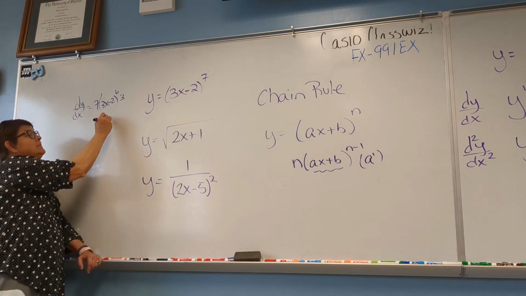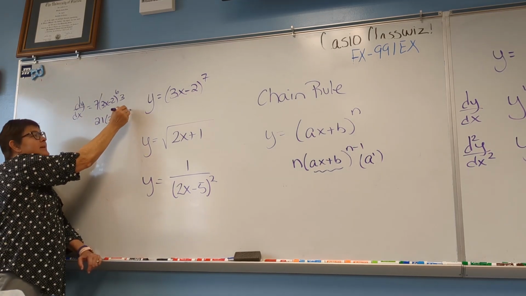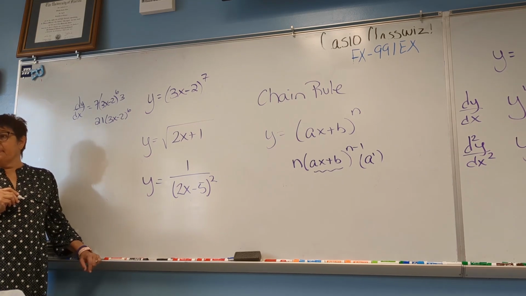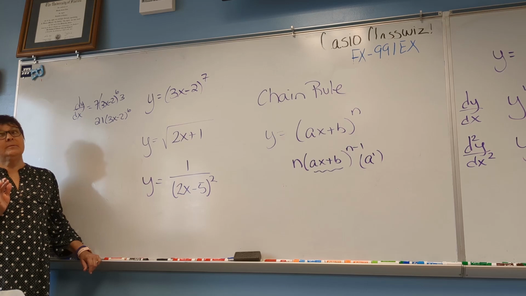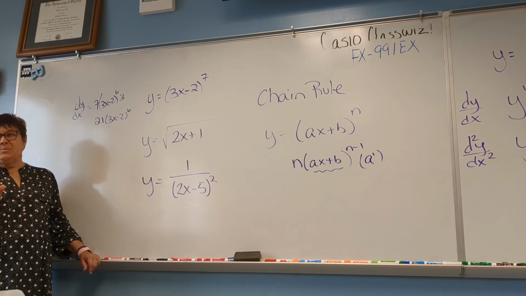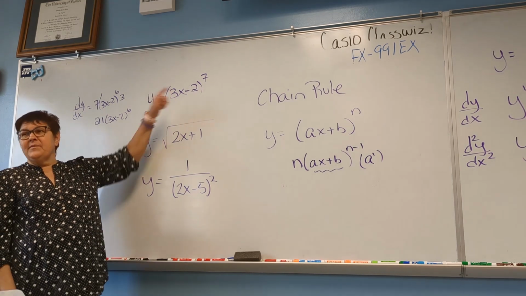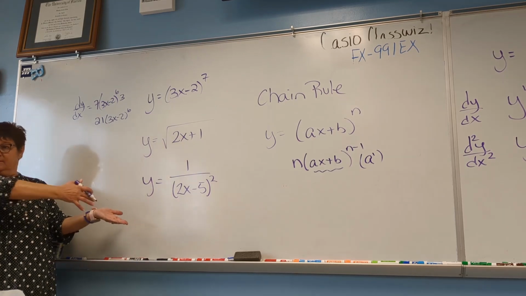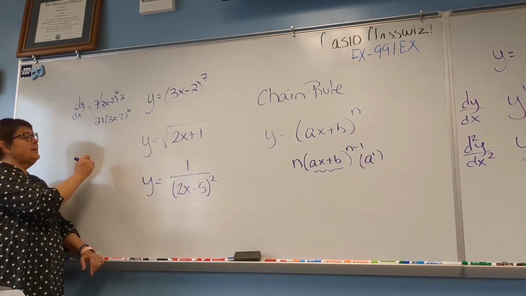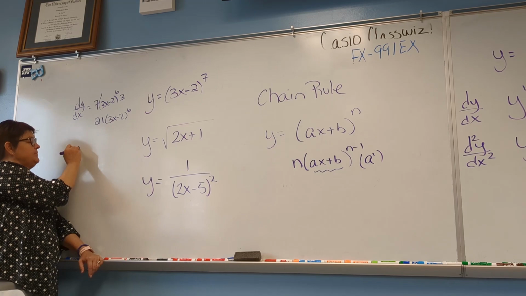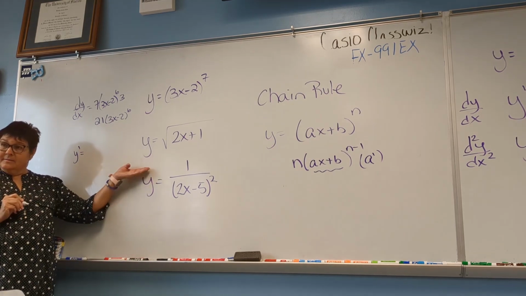So 21, 3x minus 2 to the 6th. Done. What do you guys think about chain rule? It's really, really simple. It's good. I wasn't going to show it to you, but why make you do something to the 7th power when you can do this? Okay? So go ahead and find y prime for this guy on your own without me.